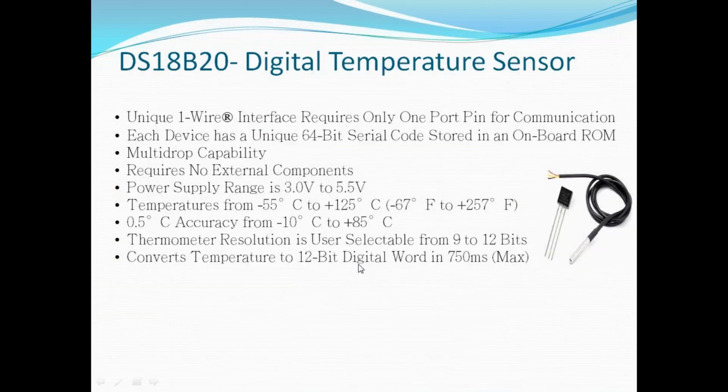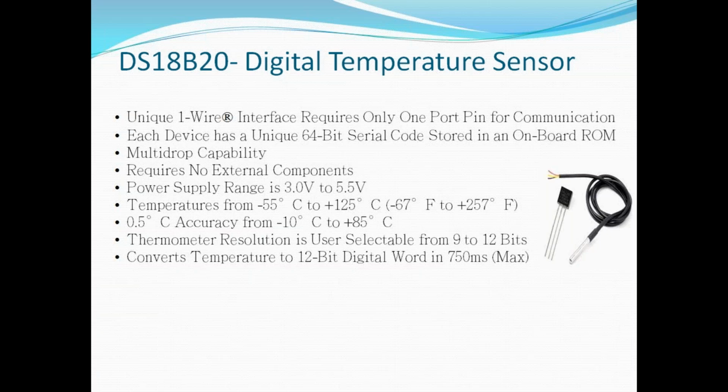Just a minute. Let me discuss the DS18B20 then. When we have to use a temperature sensor, we have different types of sensors like LM35, DS18B20, DS1620, and this one, 1621.